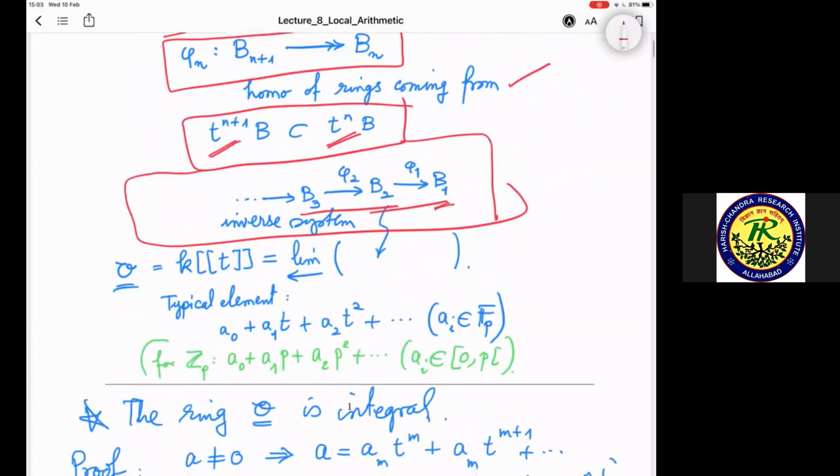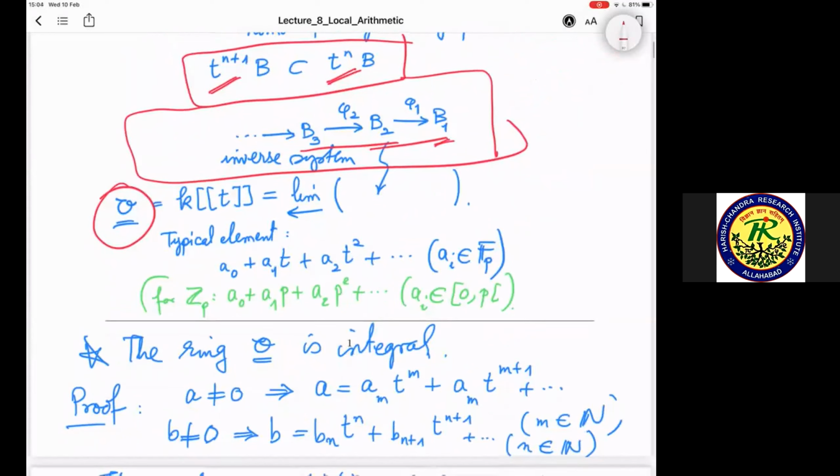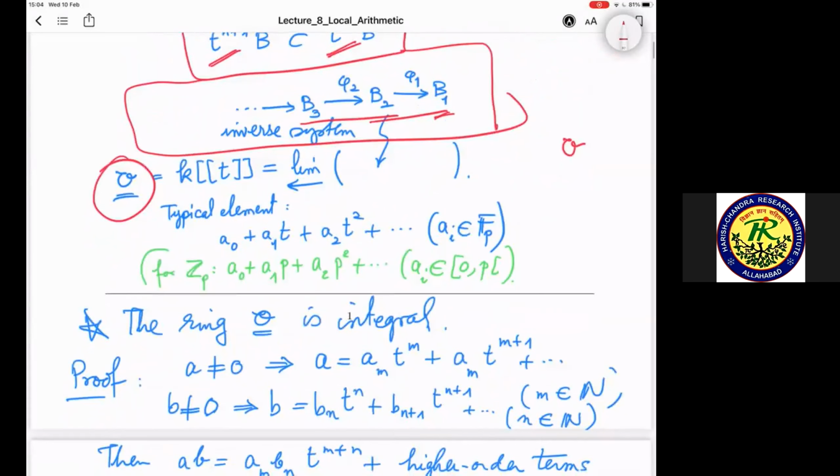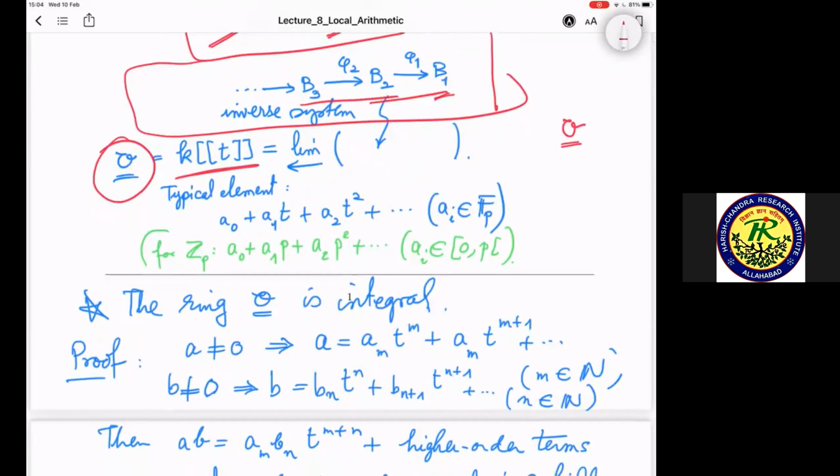And I'll denote by O, now this is supposed to be a Gothic O. I don't know how to write something like this. It's a German O. So in order to distinguish it, I'll draw two lines below it. And another notation, the more standard notation, is K double bracket T. These are parentheses, these are brackets, and what we are using are double brackets because we are not talking about polynomials, we are talking about formal power series like this.